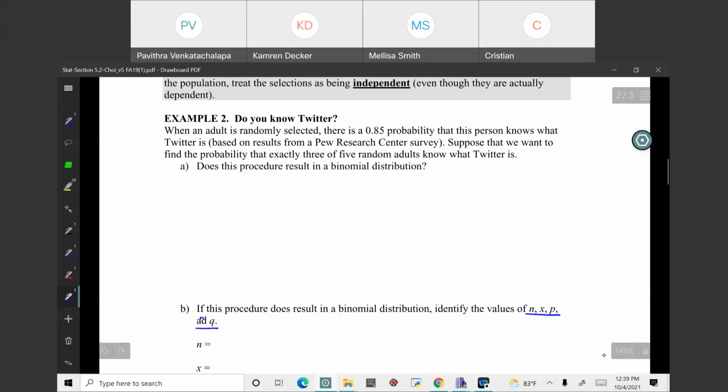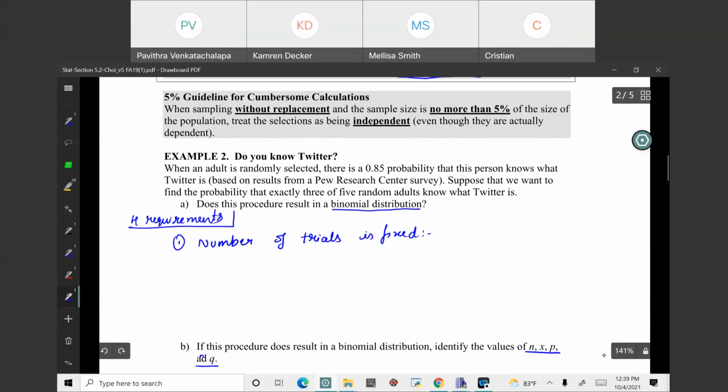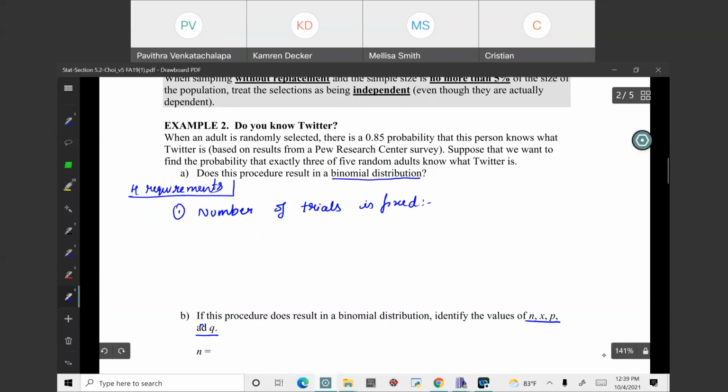For a survey to be a binomial distribution, it has to satisfy the four requirements we studied earlier. That is, the number of trials must be fixed. So look at the example and tell me what is the number of trials. Are they independent?